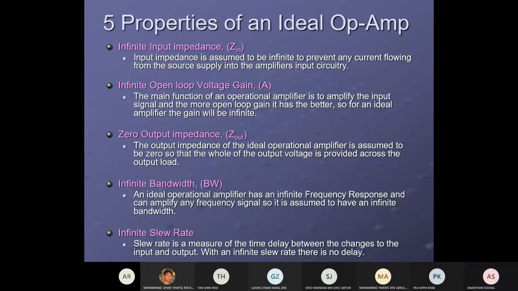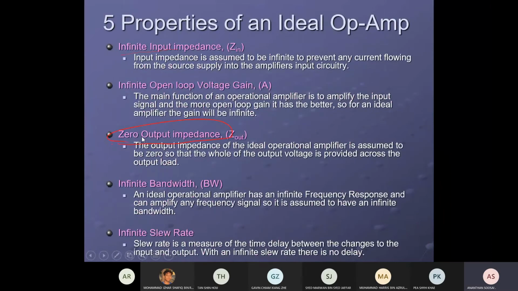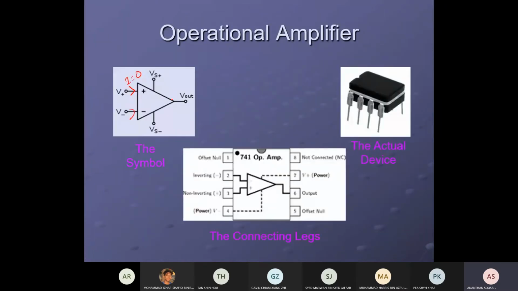Second, another infinite: it has a zero output impedance. What does zero output impedance mean? When the current comes out of the output, the impedance is zero. That means the current is said to be infinite.